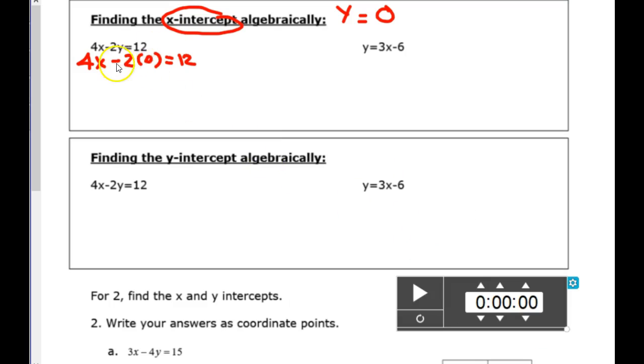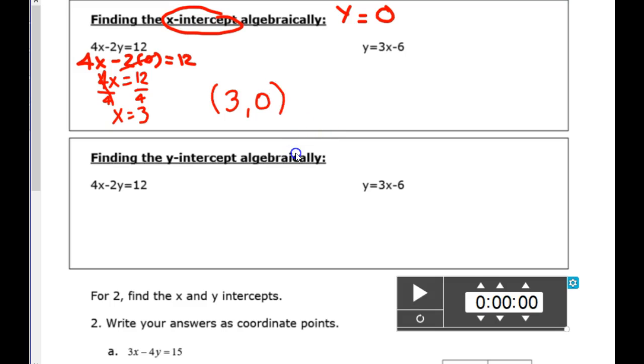Negative 2 times 0 is 0. That's gone. So we're just going to write 4x equals 12. And what's my last step? Divide by 4. What do I get? All right, so x equals 3. I want to write it as a coordinate pair, so what would I write? 0, 3 or 3, 0? 3, 0, because it's an x-intercept. X before y. 3, 0.